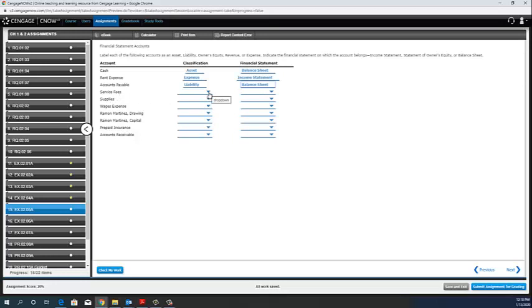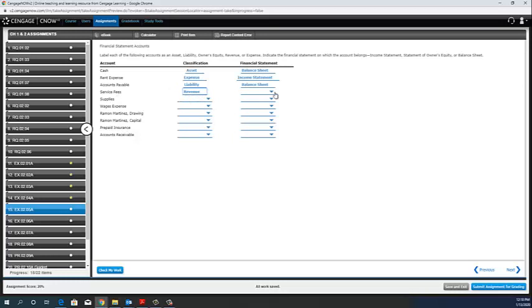Service fees. Service fees are revenues. So anytime typically you see the word fees, the textbook is referring to a revenue, something that's going to be earned by the business. It's not something we pay out, it's actually something we earn according to this textbook.